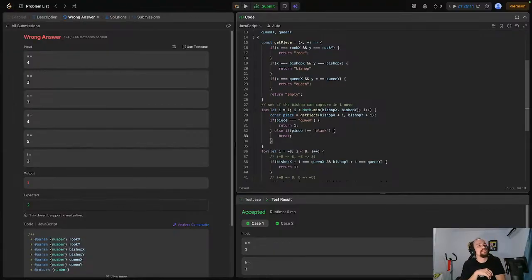So ideally we would write a function that takes in a whole bunch of arguments and does all of this stuff for us.